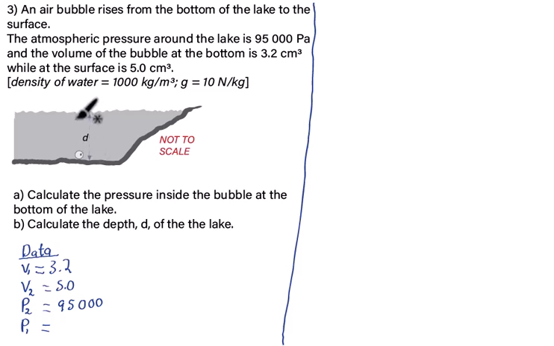It is the water and air, atmospheric air. So P1 is the pressure due to water plus the pressure due to the atmosphere. Yes, this is what we are going to calculate.